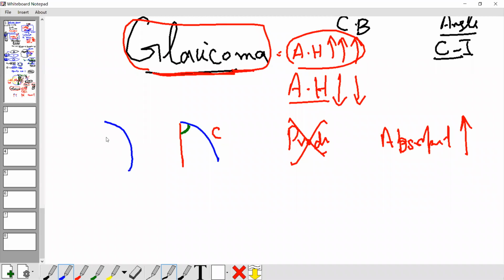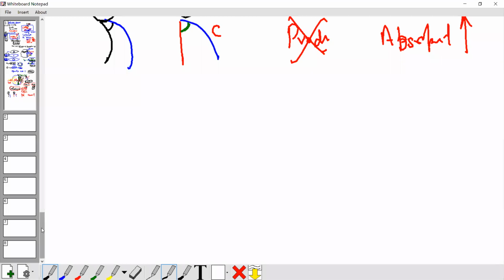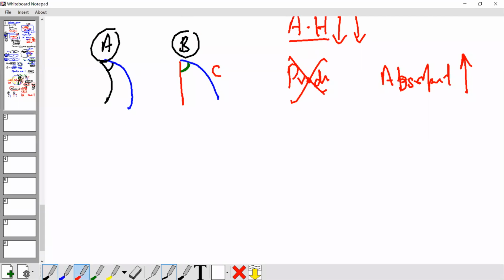This is the cornea, and normally the iris is also like this. Can you tell me where the angle is bigger, picture A or picture B? Where is the angle more open? B. Yes, B angle is more open. Understand?